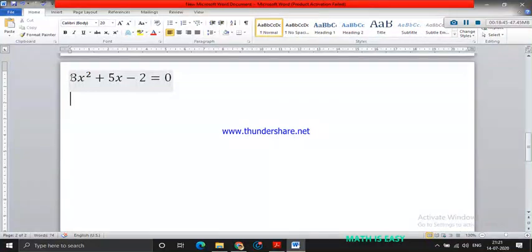So I have to split this minus 6 into 2 factors, whose sum must give me 5, the coefficient of x including the sign. So what are the factors of 6? I can say 2 into 3.